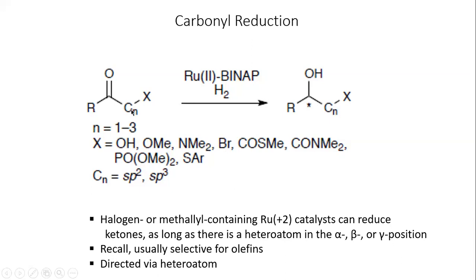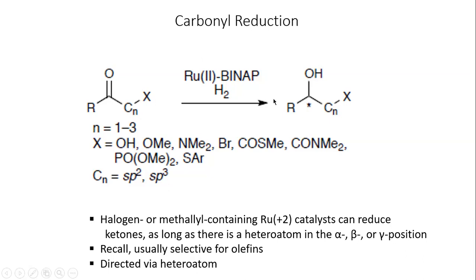So this chain can be one carbon that will be alpha, two carbons will be beta, and then three carbons will be gamma, away from the carbonyl carbon, right? Or the carbonyl, the pi system. And the heteroatom is there to direct the ruthenium BINAP catalyst to the carbonyl so it can be hydrogenated.